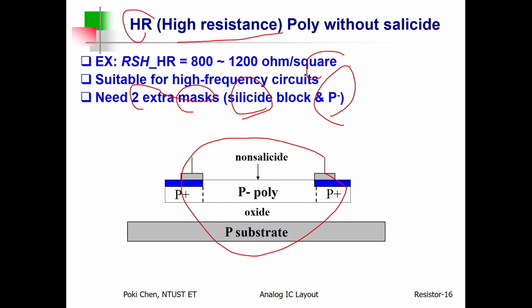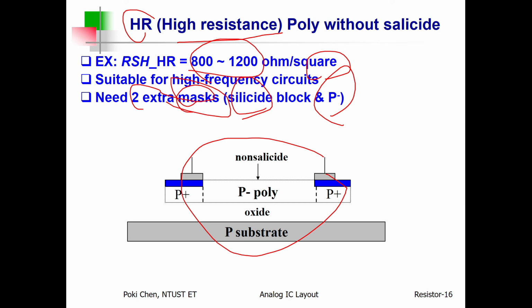For each square, it can help you generate more than 1K ohms, as high as the N-well resistor, but the performance is much better than N-well. However, you need to pay for it. The price is sky high because it needs two extra masks.